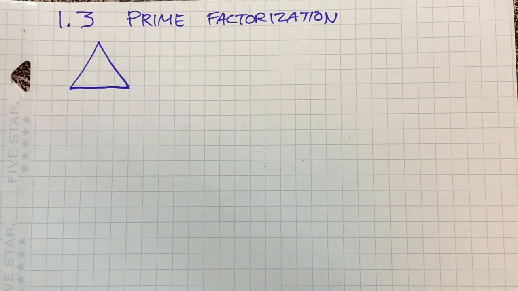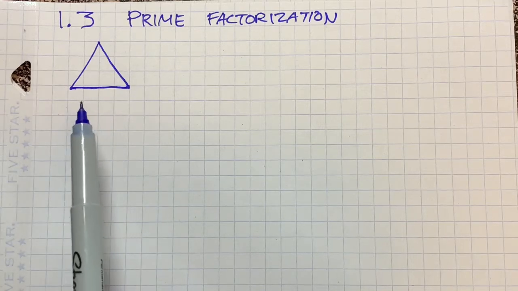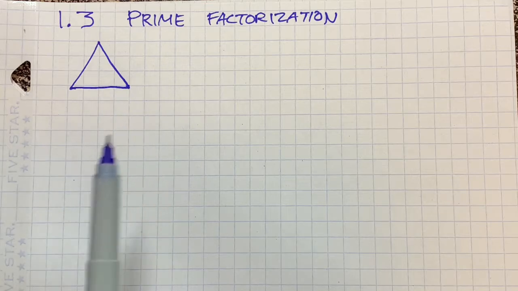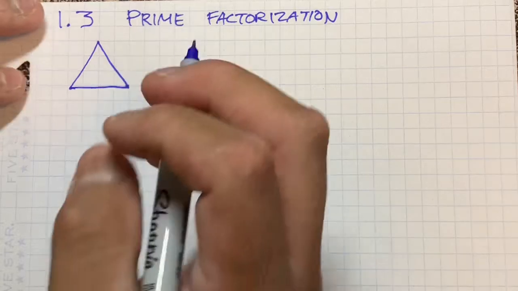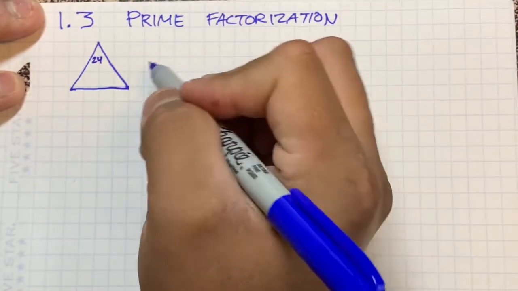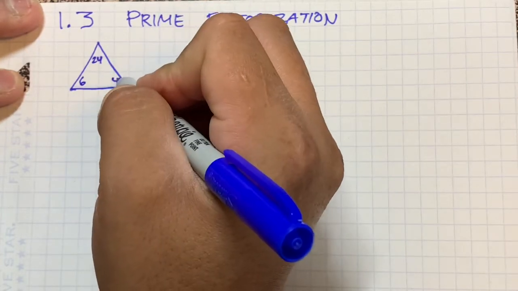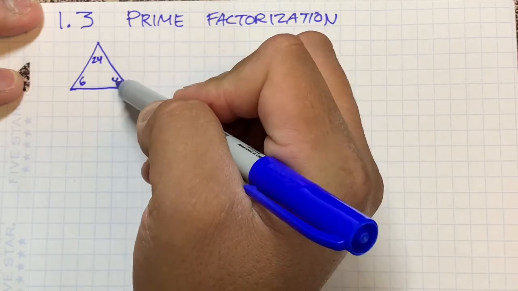All right, students, now I know a lot of you guys are familiar with the fact family triangle. A factor tree is similar, but the branches continue to show the additional information about the fact families. For an example, if we have 24, we know that 24 divided by 6 is 4. We know that 24 divided by 4 is 6.